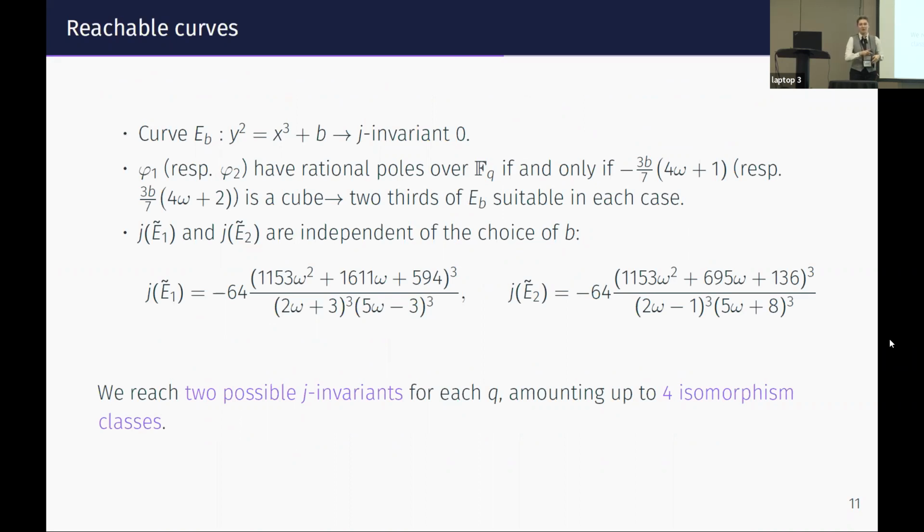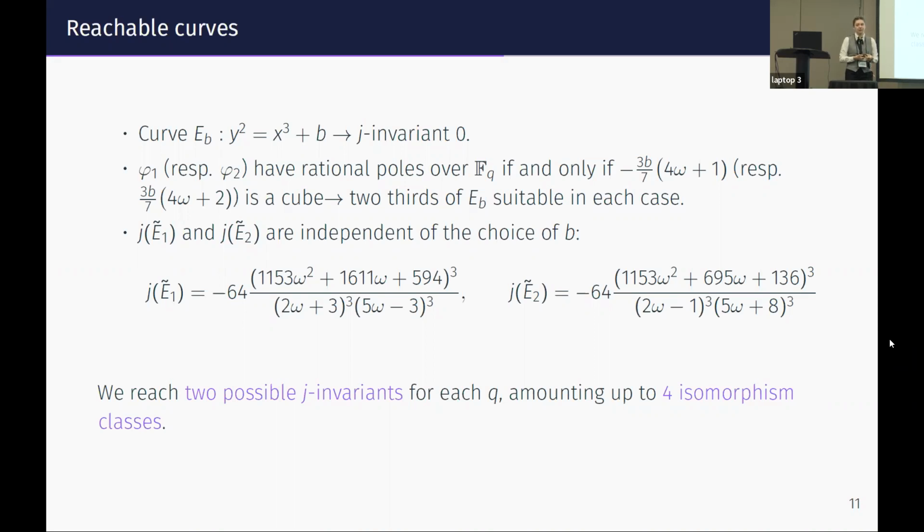And remember that we want the degree 7 endomorphisms phi1 and phi2 to define exceptional covers of P1. So this happens actually only if those two quantities are not a cube in the finite field FQ.